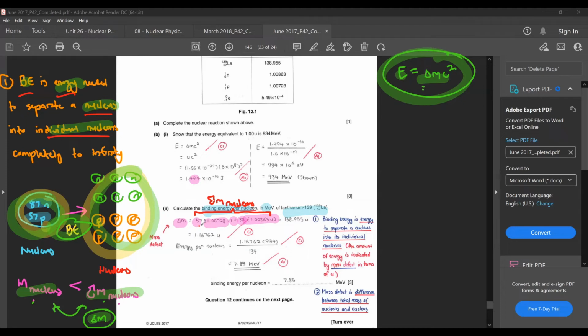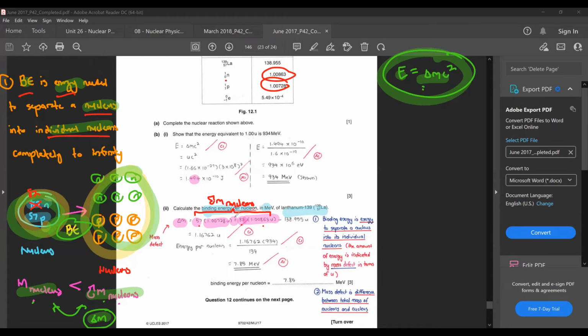The mass of your proton is 1.00728 U, from your table. And then 82 is your neutrons. The mass of your neutron is 1.00863 U. So adding them together, you're finding the total mass of your nucleons. That is what you're doing over here. Sorry, just now it is 82, not 87.